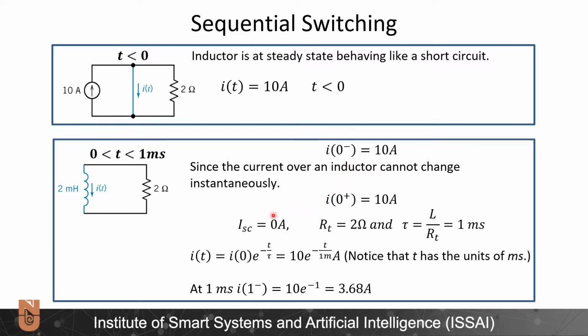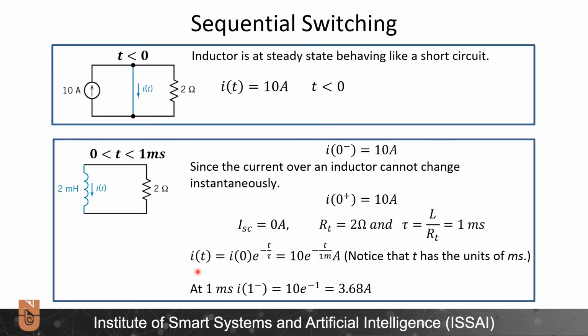Therefore, I will start with this initial condition. I short circuit for this circuit in the Norton equivalent sense will be 0 amperes because there is no current source. RT is equal to 2 ohms and the time constant will be 2 millihenries divided by 2 ohms, equal to 1 millisecond.